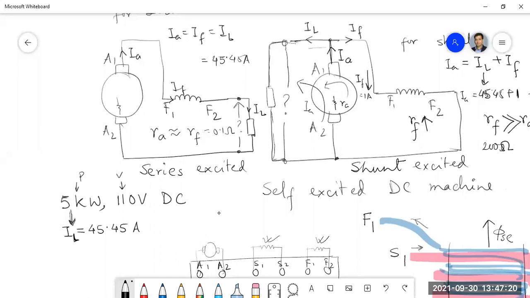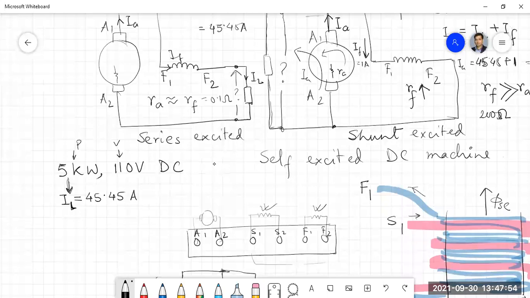Sir, the power loss will be much higher, since the field resistance is very high in a shunt generator. Before the power loss, will it even generate voltage? Because, sir, the resistance will be very high, so the field current will be very less. Sir, the voltage will be very low, isn't it? Yes, sir. Okay, so that kind of problem we will face.